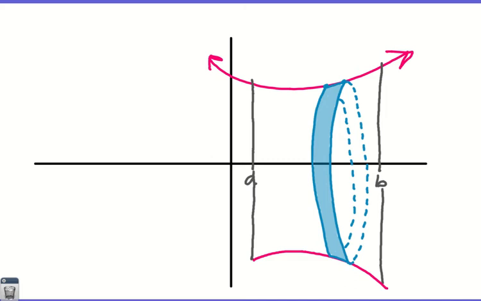So in surface area problems, you're going to be rotating about either the x-axis or the y-axis. It's pretty much going to be either revolving around the x-axis or revolving around the y-axis.